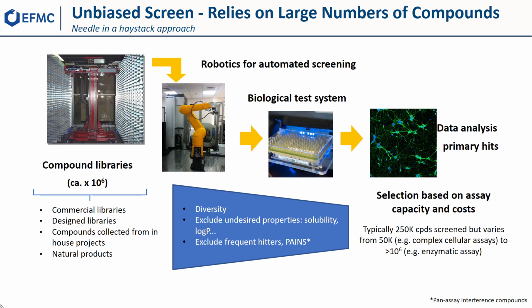And this selection is done using several criteria. Diversity, of course, is important. You have to have a diverse set of compounds if you want to find some that hit your target. You may want to exclude undesired properties such as low solubility or high lipophilicity. And you also may want to exclude frequent hitters, which are compounds that were found to hit many targets, or compounds containing PAINS motifs, pan-assay interference compounds, which are known to interfere with biological assay systems.